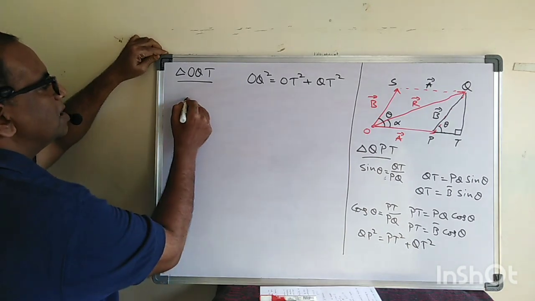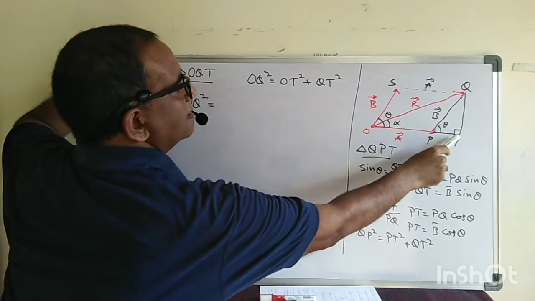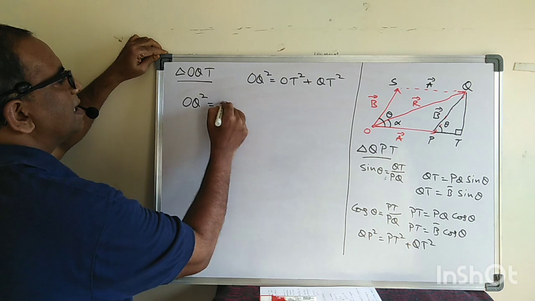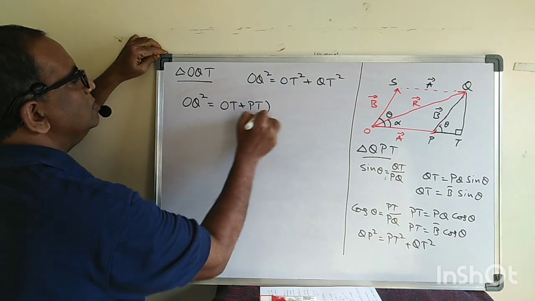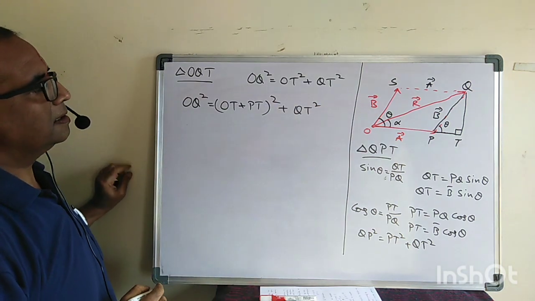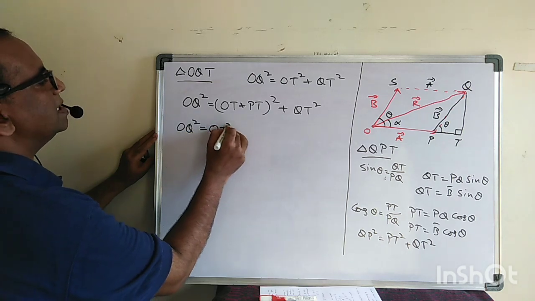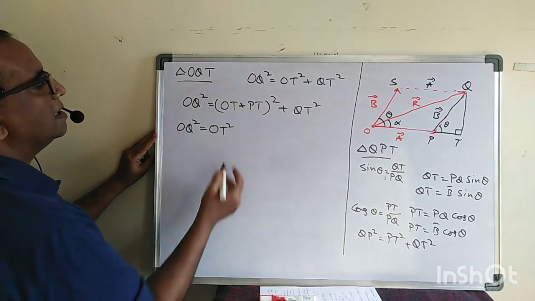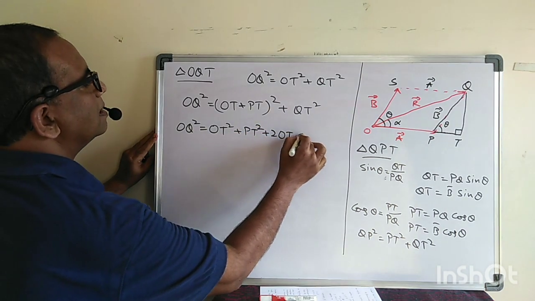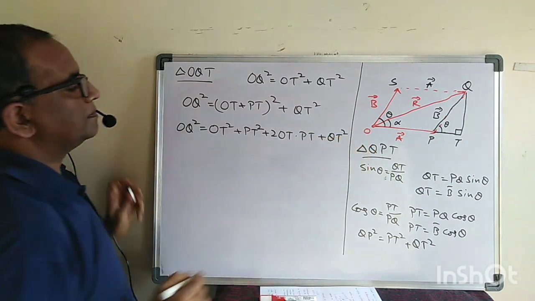Or you can also write OT is nothing but OP plus PT. Therefore OQ square is equal to OT plus PT whole square plus QT square, which is OT square plus PT square plus 2 OT PT plus QT square.